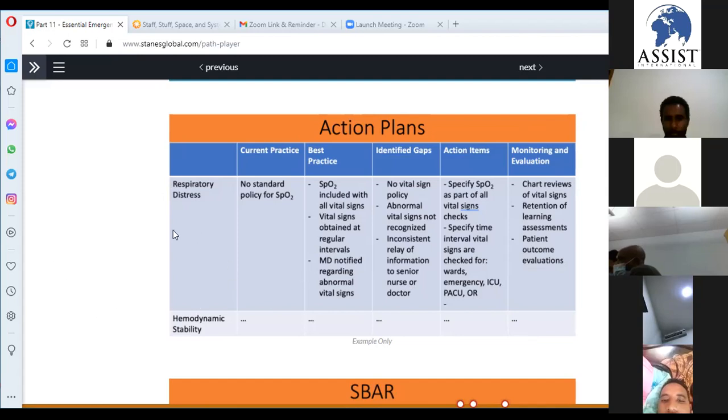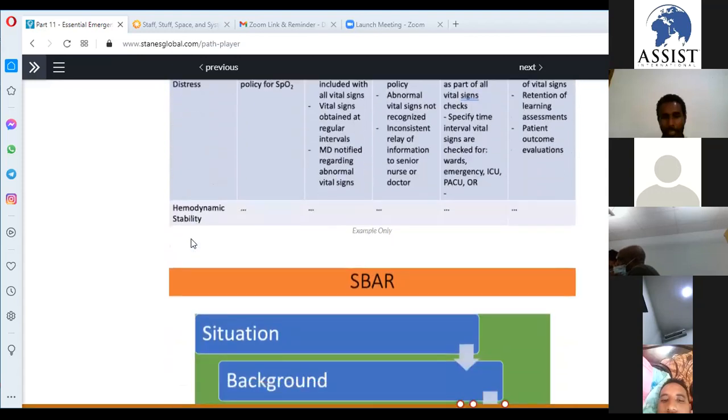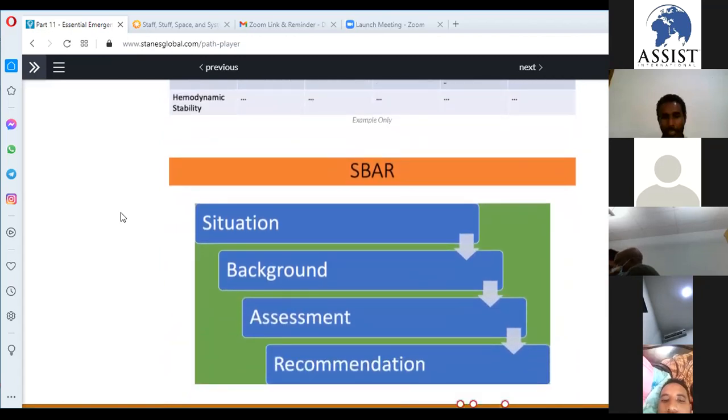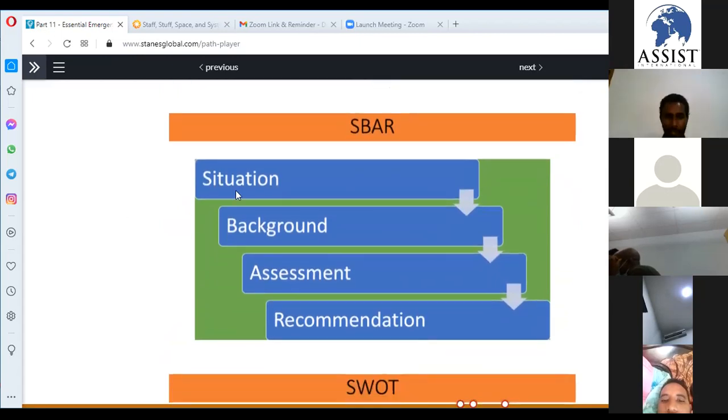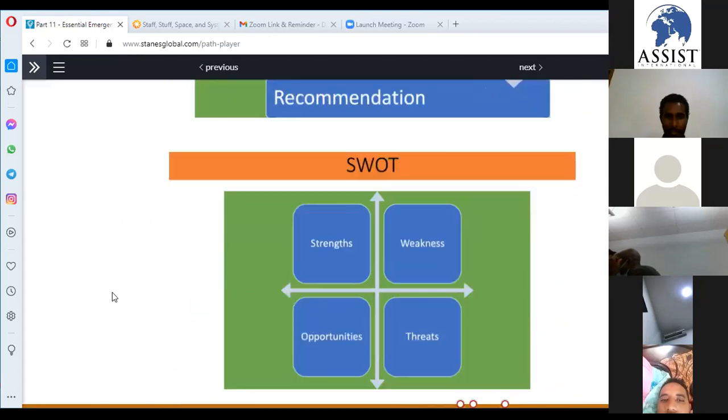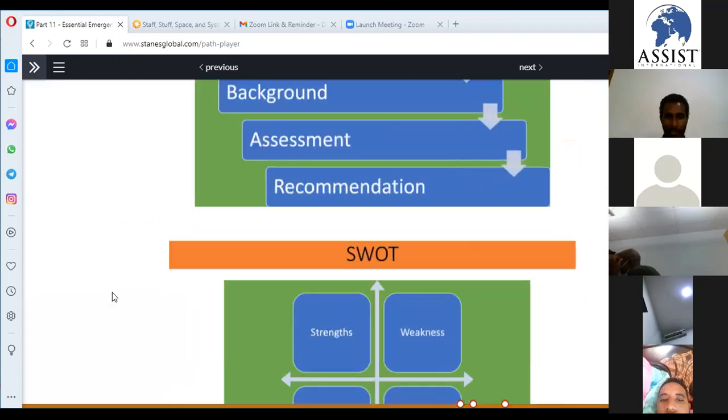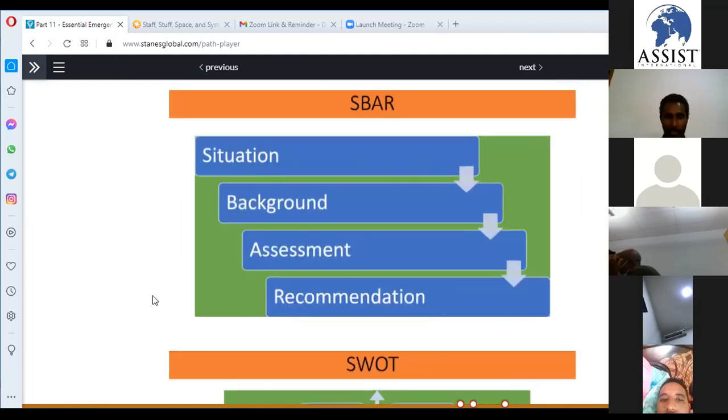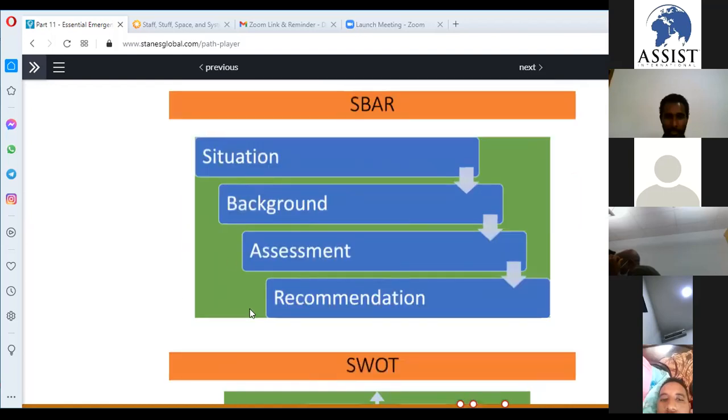So by developing this type of action plans, you can devise a way to improve a setup in your institutions to establish an effective essential emergency critical care. That is the message. Okay? So to identify the gaps, you can use the SBAR technique: what is the situation, what is the background, the assessment, and what recommendations can you make.